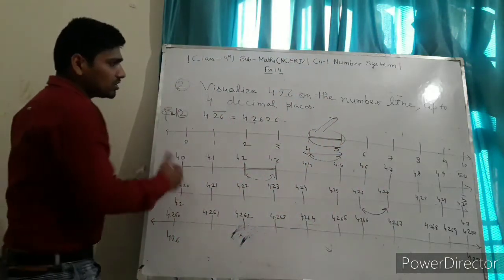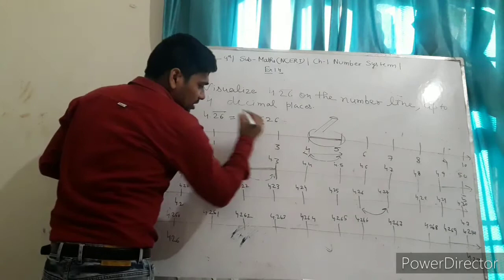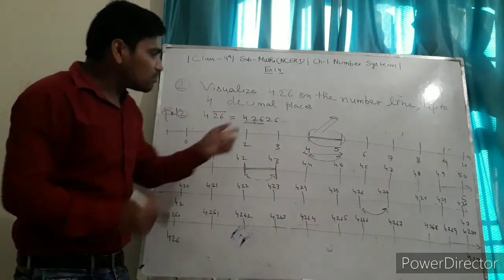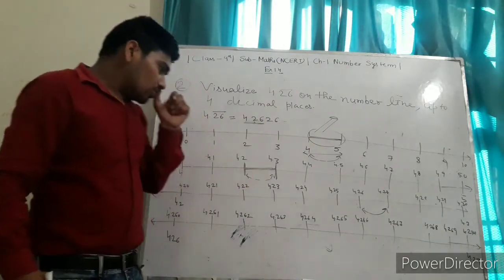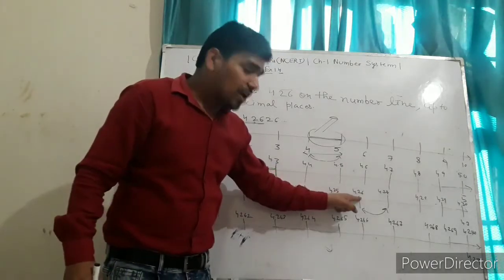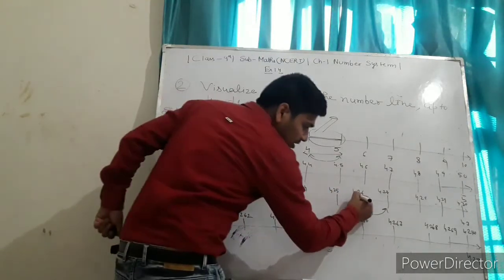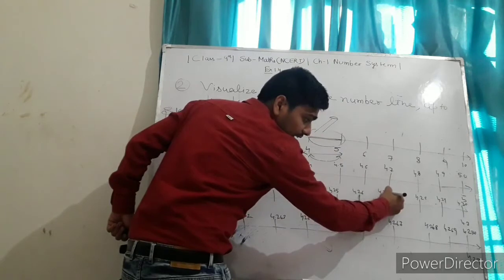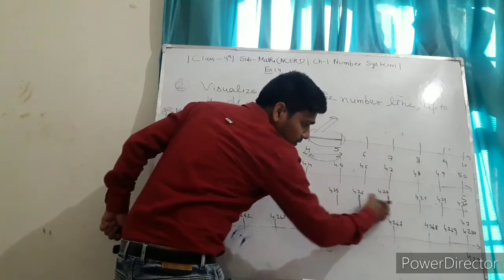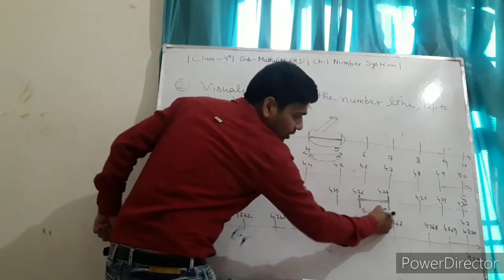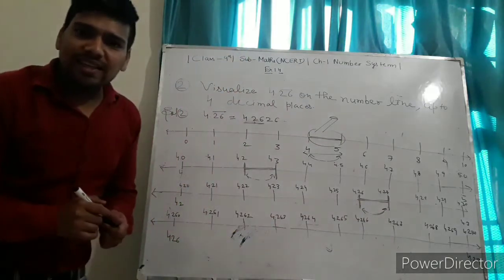Again, this number is 4.26, but it is more than 4.26 and less than 4.27, so it will lie somewhere here. Again I visualize it.